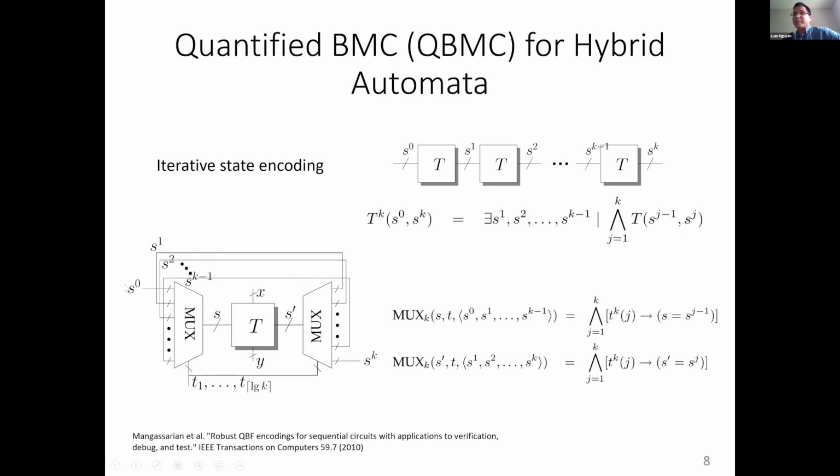The connection between states can be encoded using a system of two multiplexers, where we have the selector vector.